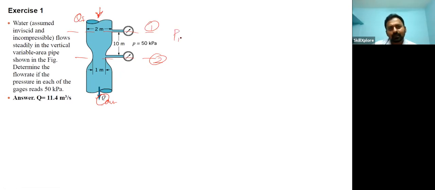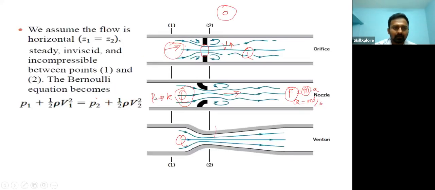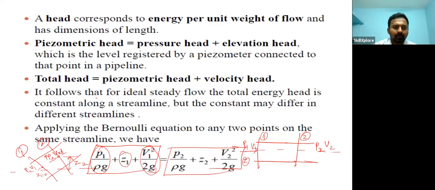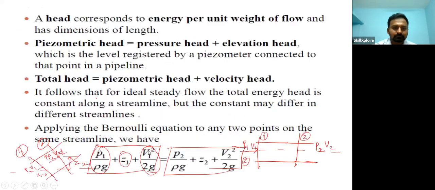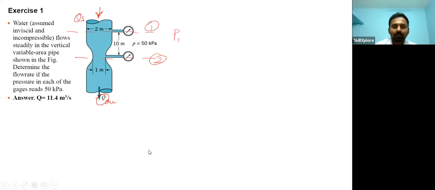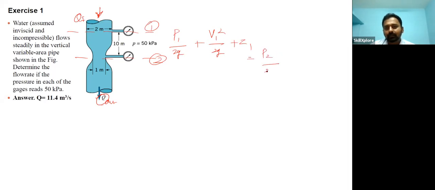What is the Bernoulli's equation here? Pressure head plus velocity head plus Z1, which is equal to P2 by rho g plus velocity head at this exit section plus Z2.